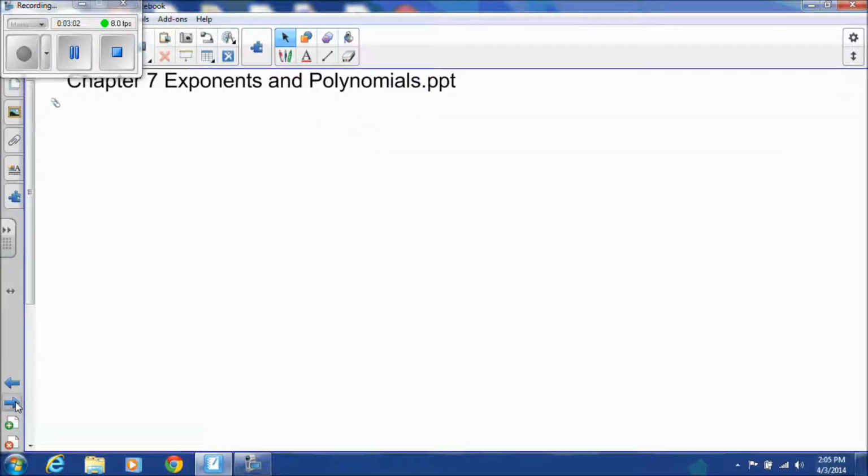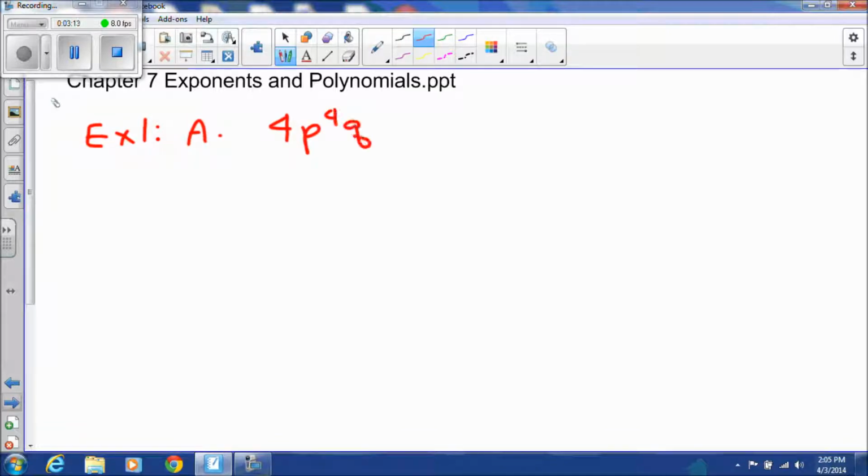In these first few examples, we'll be looking at the degree of the monomials. Looking at the monomial 4p to the fourth, p to the third power, the degree of a monomial would be 4 plus 3.